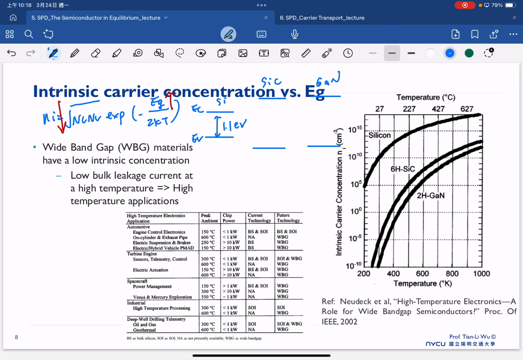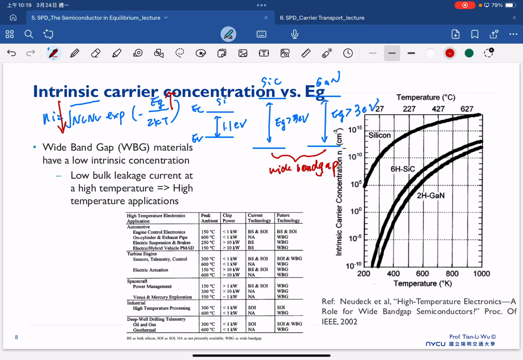In the case of silicon carbide or gallium nitride, we have a band gap larger than 3 electron volt. Because the band gap here is larger than silicon, we call this a wide band gap material.